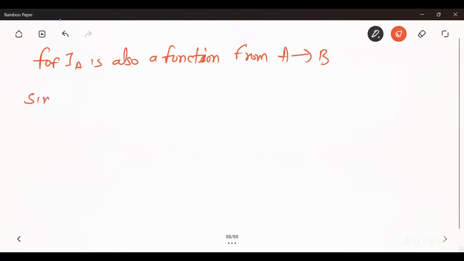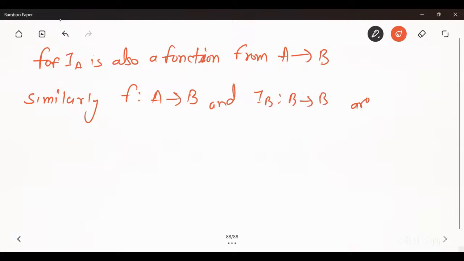Similarly, F is from A to B and IB is from B to B, are two functions, then IB of F is from A to B. Okay. So both F of IA and IB of F are from A to B, which means that both the functions are equal.